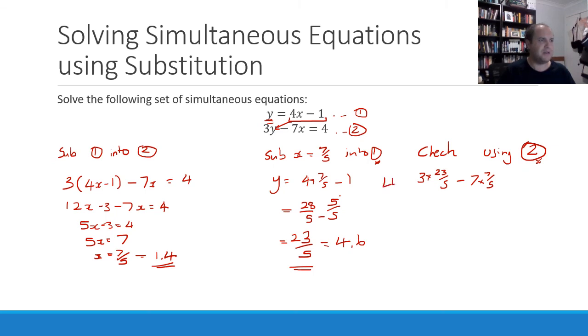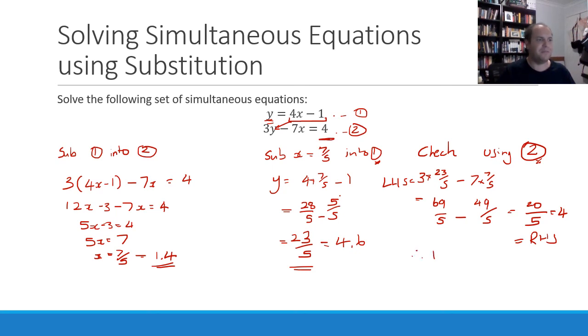And we're just going to look at the left-hand side of this equation to start off with. 3 times 23, that's going to be 69 over 5, minus 49 over 5. Same denominator, so we can subtract those values. 69 minus 49 is 20. 20 over 5 is 4, which is the same as the right-hand side of our equation that we started with.